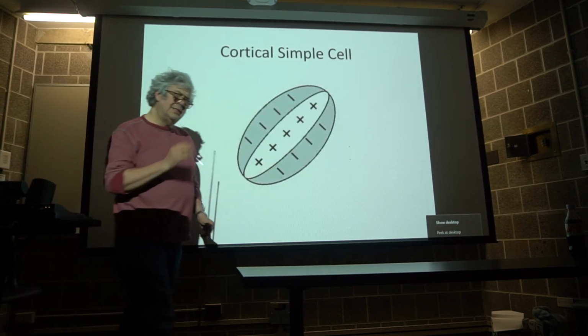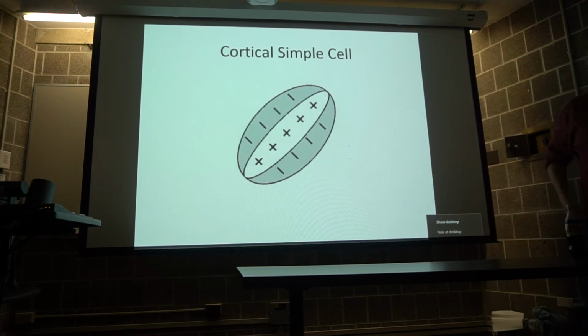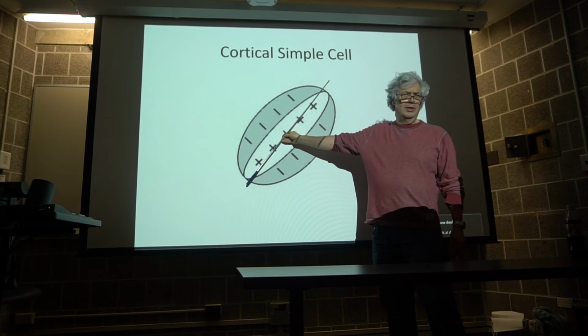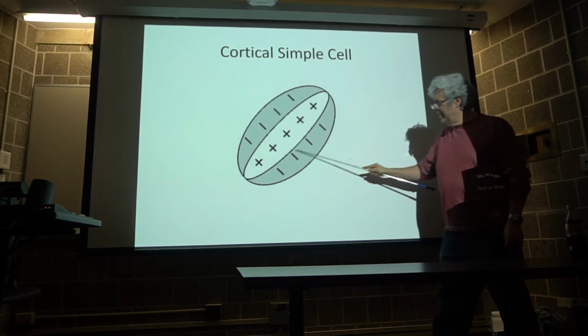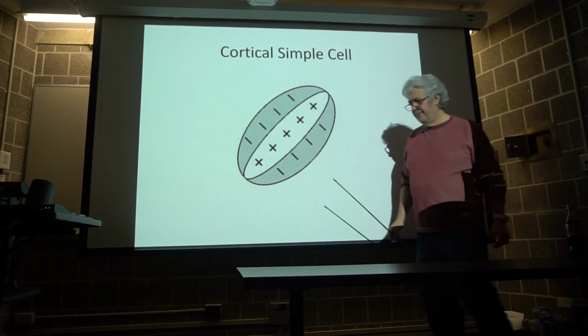But how about a cortical simple cell? What's the optimal stimulus? Can you see it? What's the optimal stimulus for exciting this cell? It'd be a bar of light, would it not? It would be a bar of light at this particular angle or this particular orientation. Can you see that? The more of the excitatory center you fill, the bigger excitation you're going to get.